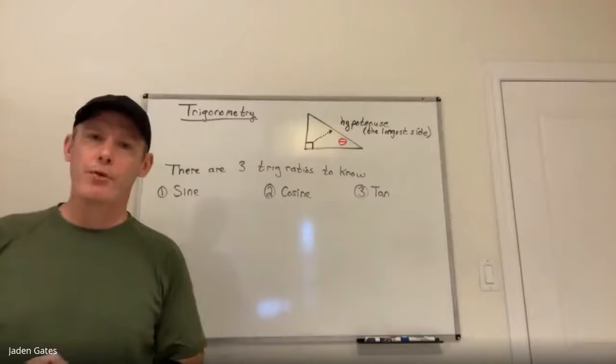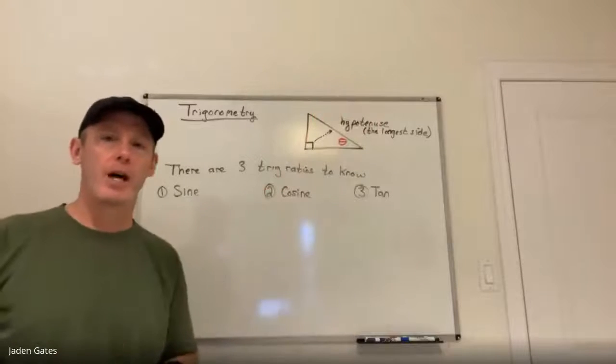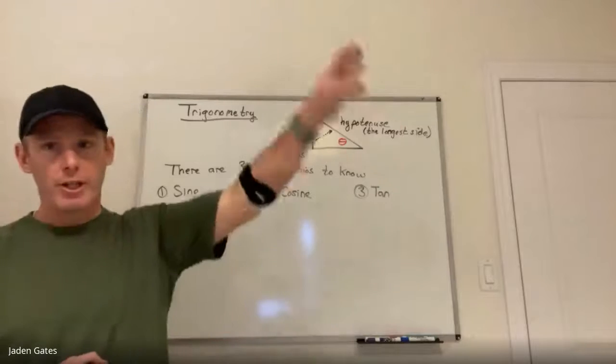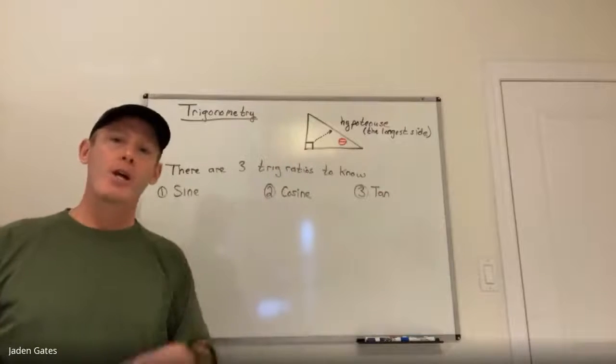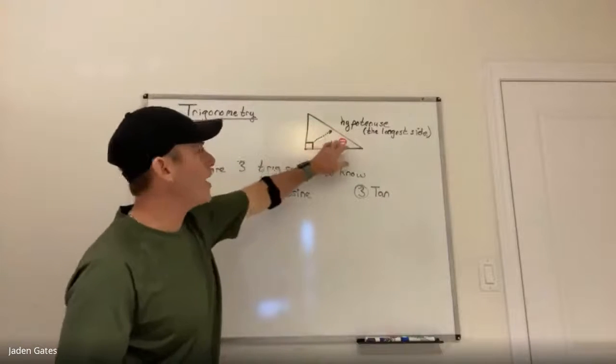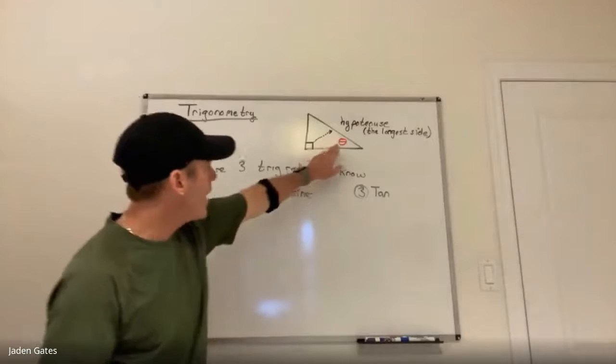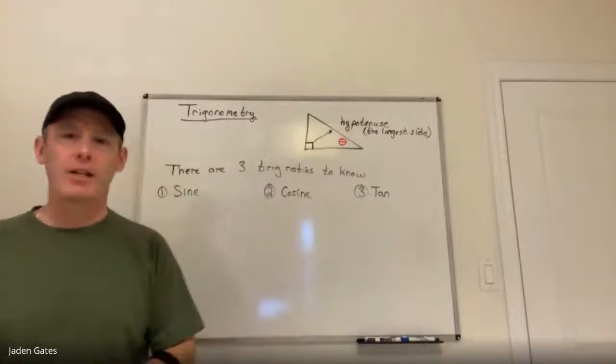Now, in trigonometry, the right angle is across from the hypotenuse. But then there's two other angles. And in trigonometry, we have to pick one of those angles or we'll be given one of those angles. So I picked an angle here in red, and you see that little funny symbol there?